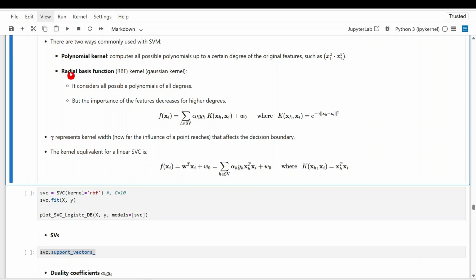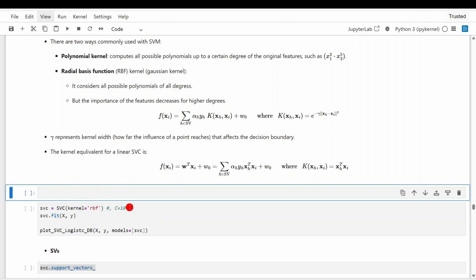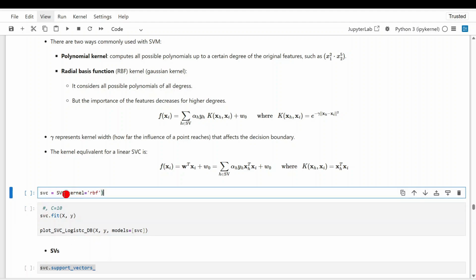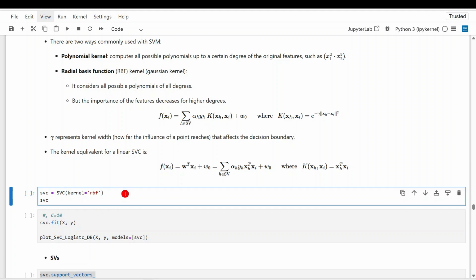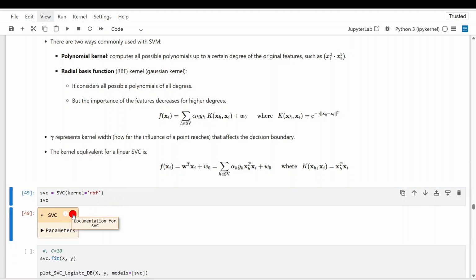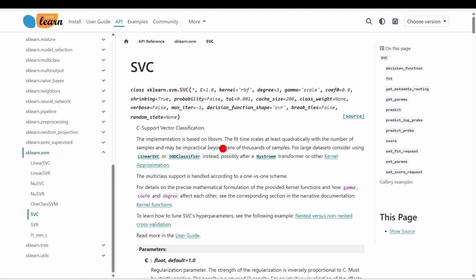So now let's consider a support vector classifier model using the radial basis kernel function. If I click here, we can look at the documentation.